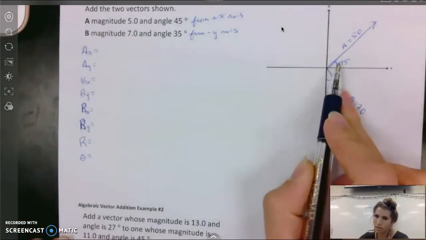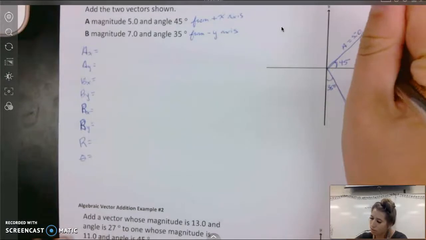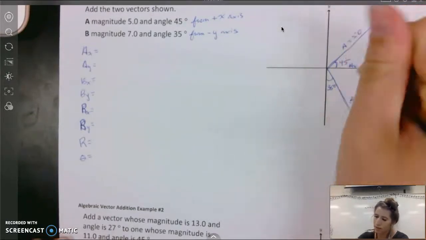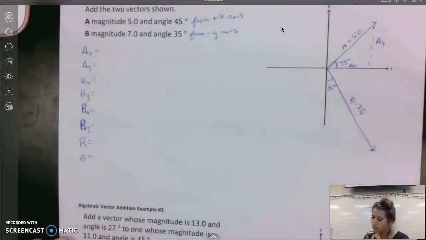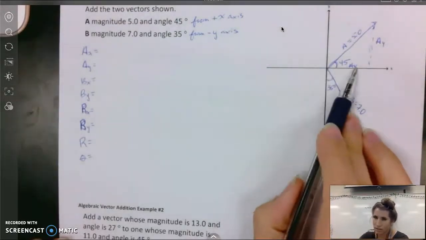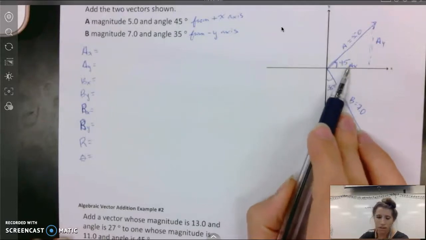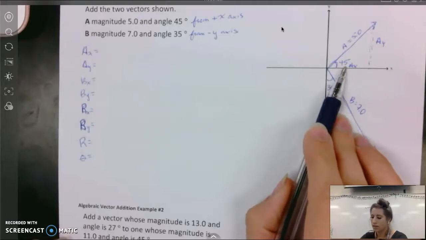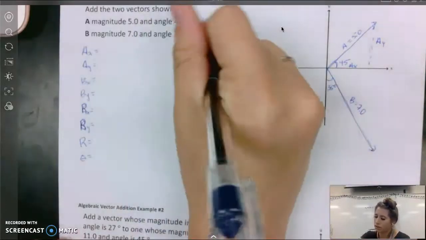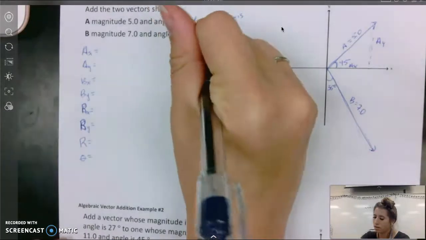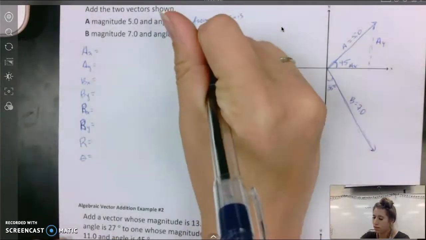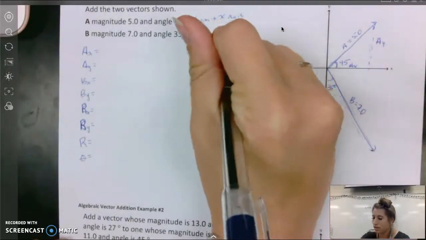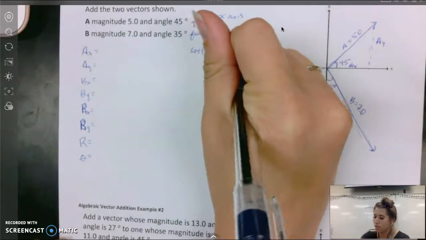So let's look at A. A can be broken up into its x and y components. This is a sub y and a sub x. Okay, so reminder, if we're looking for a sub x, in this situation, it's adjacent. And so when we have adjacent, we're going to use cosine. Okay, and so cosine of 45 equals adjacent, which is a sub x, divided by the hypotenuse, which is 5.